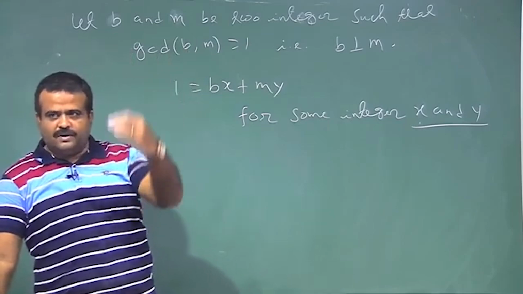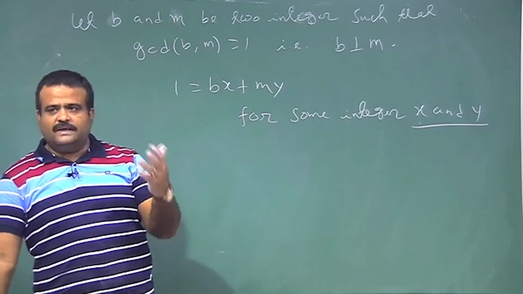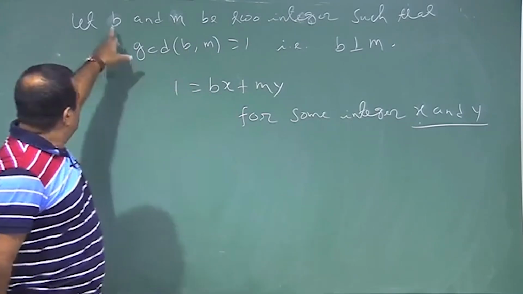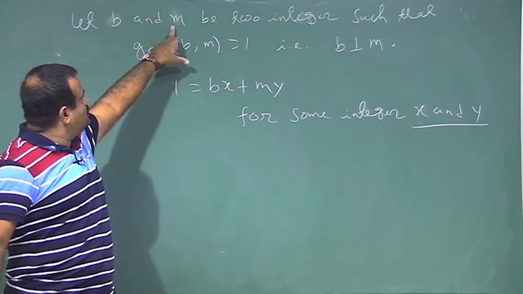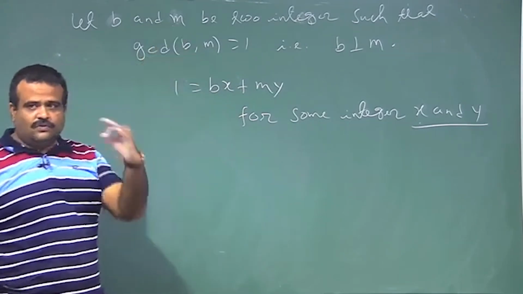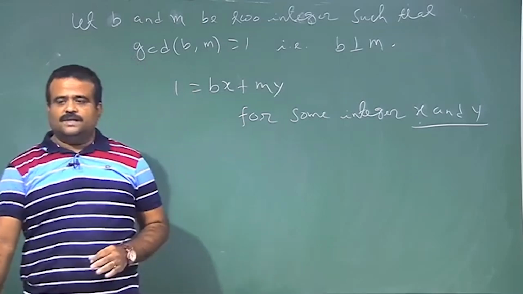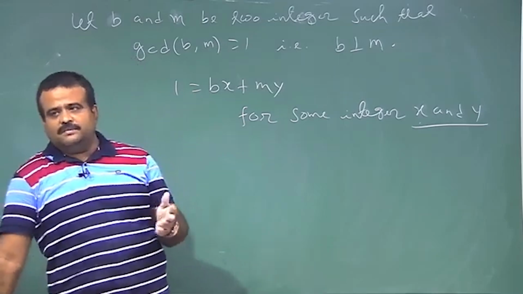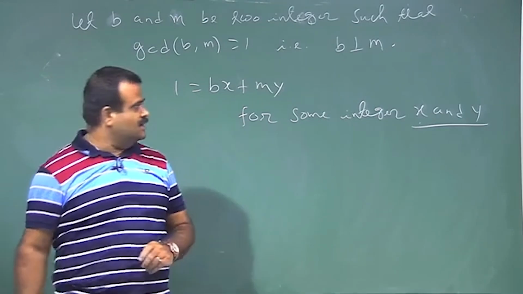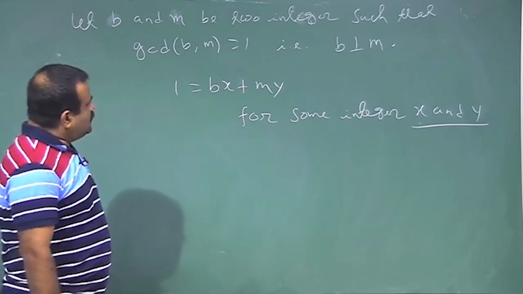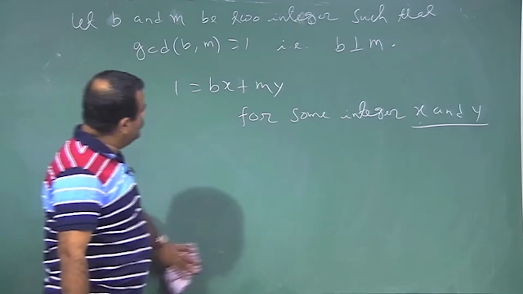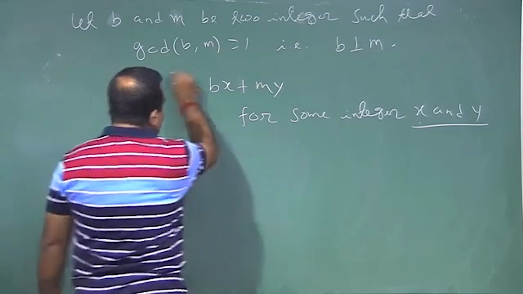Every time we write the remainder in the form b x k plus m y k. Eventually it will end up with the remainder r n plus 1 equal to 0, and then the previous remainder is the GCD. Now we have this form.